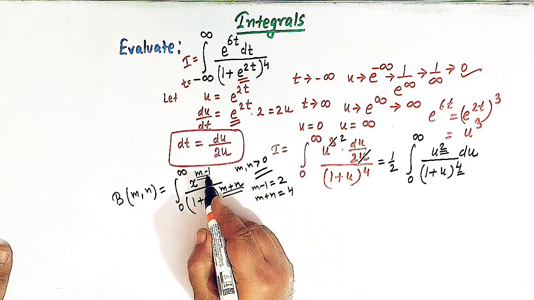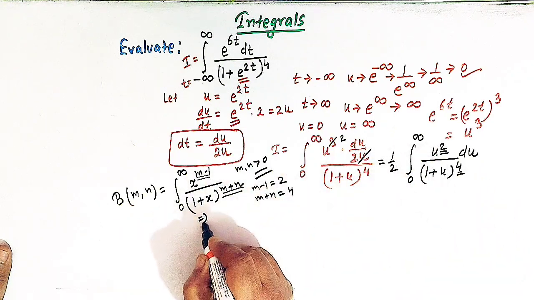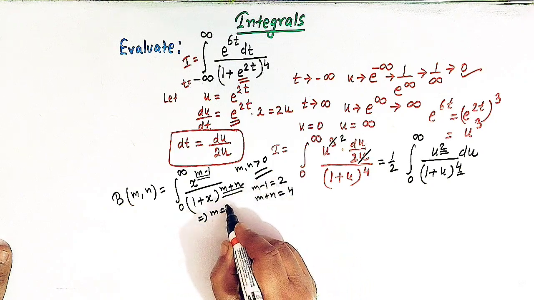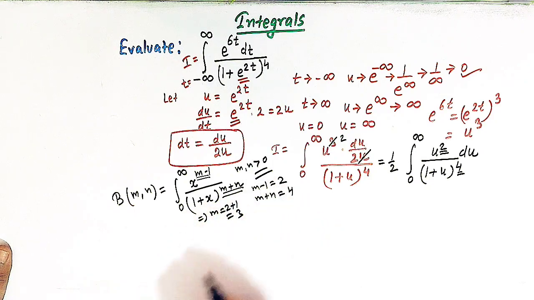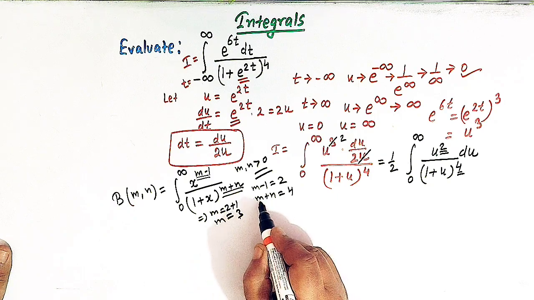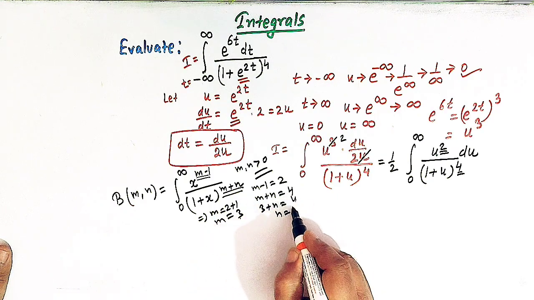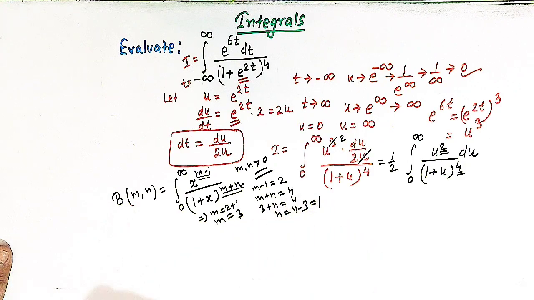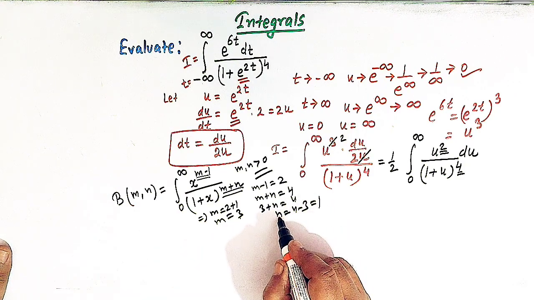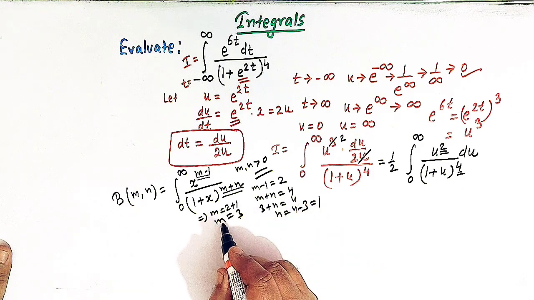So m minus 1 is equal to 2. So we have m equal to 2 plus 1, that is 3. And taking m equal to 3 in this equation, we have 3 plus n equal to 4. So n is 4 minus 3, that is 1, right? So the value of n is 1 and m is 3.